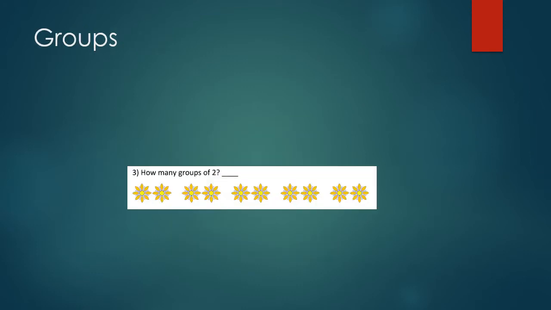So the first thing we're going to do is work to make groups. Now many of you remember in maths, we like to divide and make groups. So, we've got some flowers here. And you can see they are in a group of 2. 2 flowers are together.